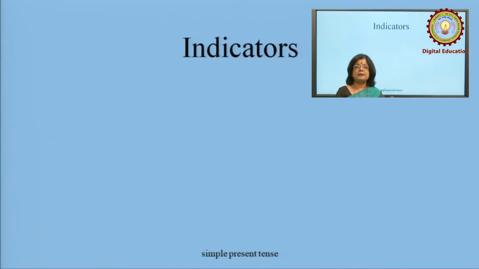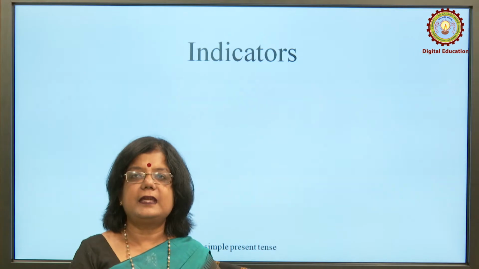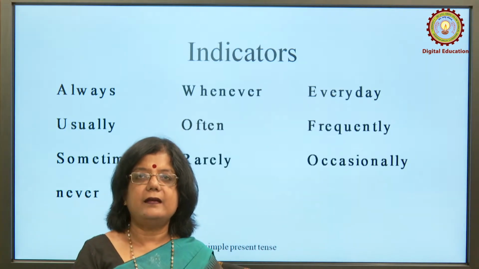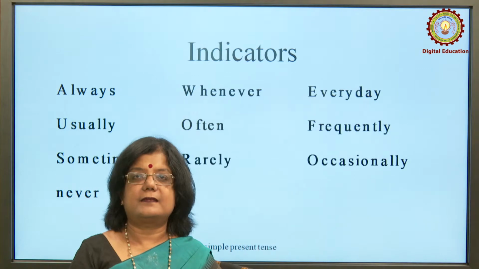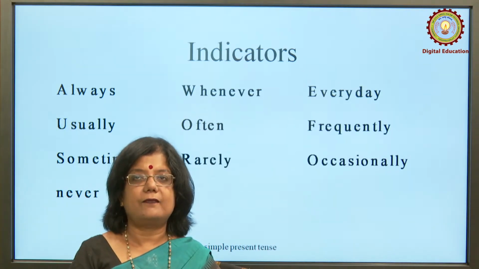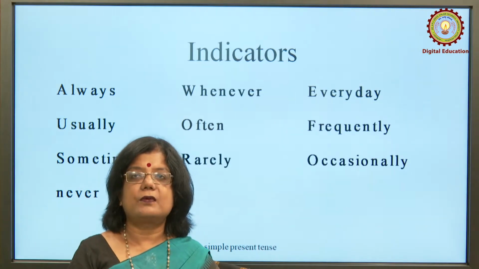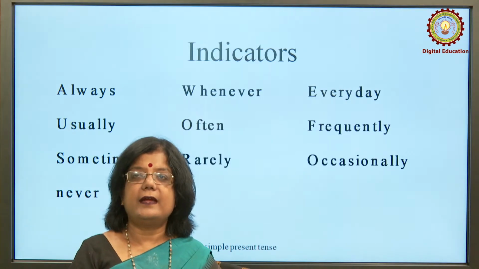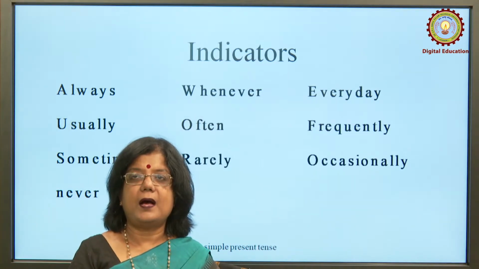So, these simple sentences which are in the section of simple present tense, the indicators for these are words like always. I always carry an umbrella with myself. Whenever, whenever he comes, he brings sweets for us. Every day, every day at 9 a.m. our class starts.